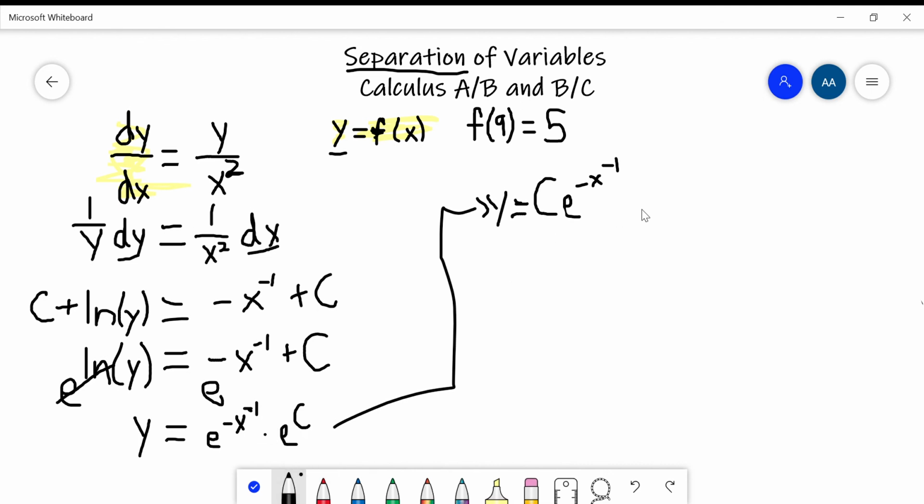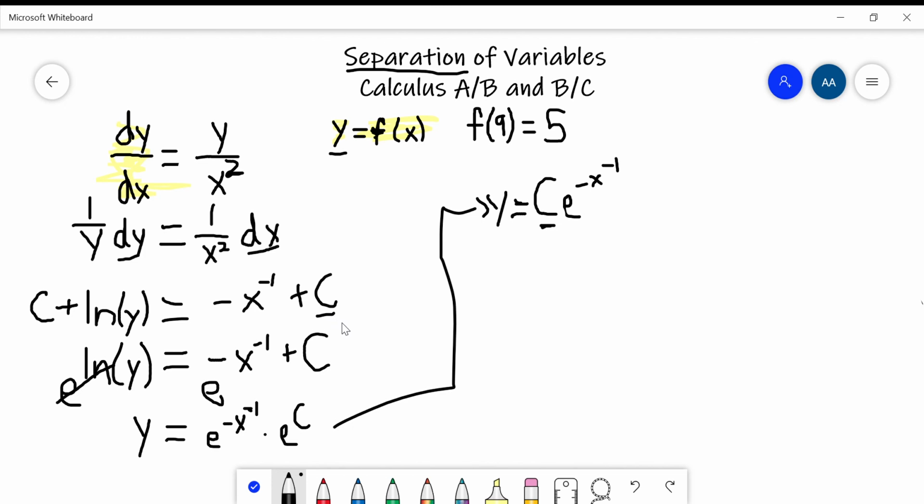So as you can see, what I did with the C's is I kept on combining them, and sometimes to keep track of them, you can put little subscripts like C1, C2. I personally don't do that because in the end, this C right here is really the only one that College Board cares about. As long as you're putting C, College Board doesn't care.